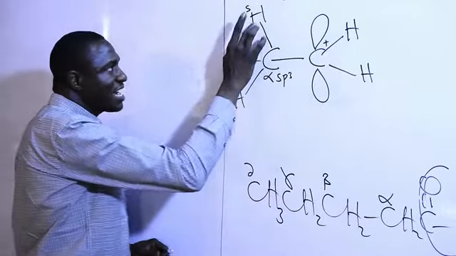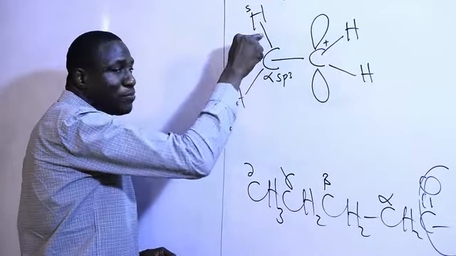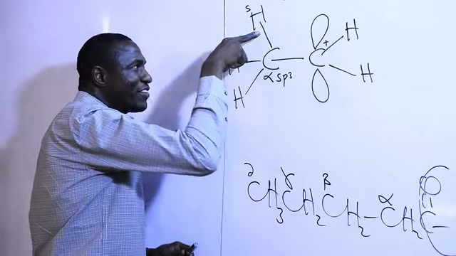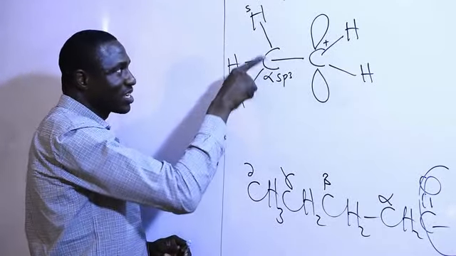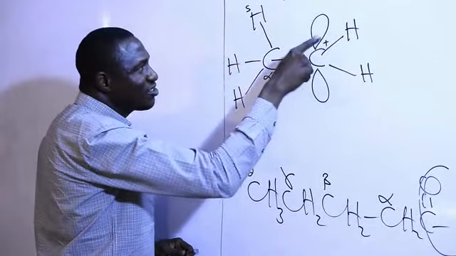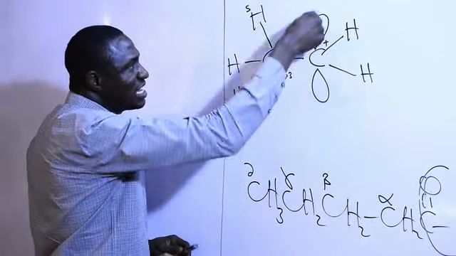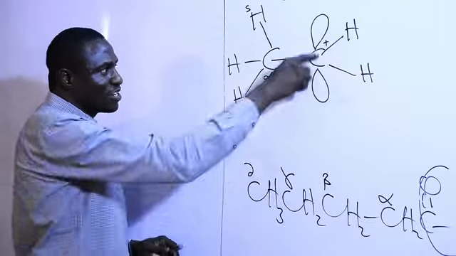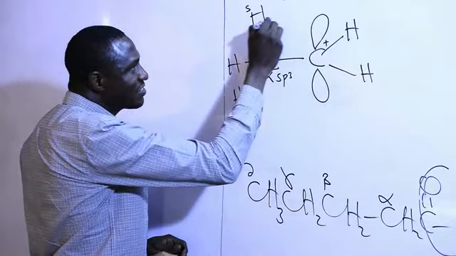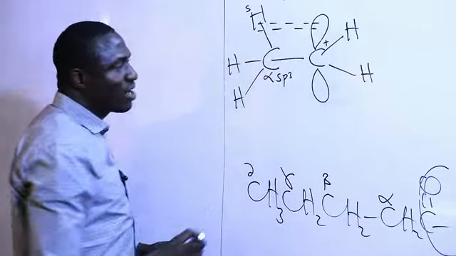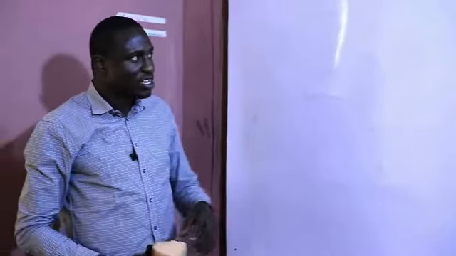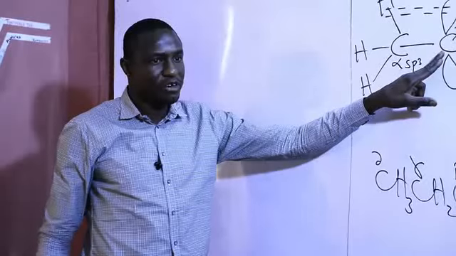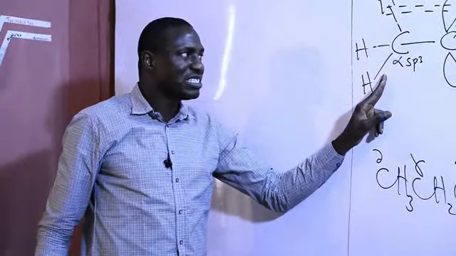So this sigma bond, which is formed by overlapping of the s orbital of hydrogen and the sp3 hybrid orbital of carbon, has some kind of overlap with the empty p orbital of the carbonium ion. That relationship is what we call hyperconjugative effect or hyperconjugation.